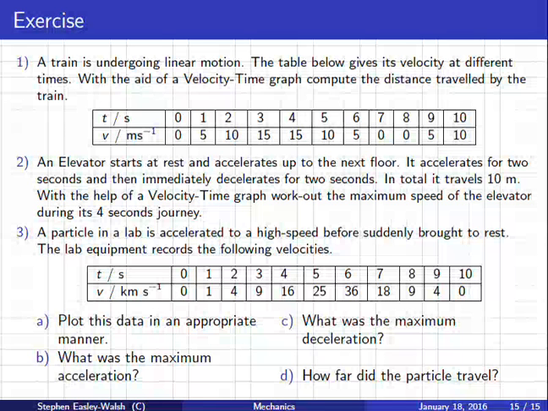Maybe. I haven't worked out yet. What was the answer in kilometers per hour? You got an answer? Yeah. You got an answer? Huh? How much? No, don't be shy.